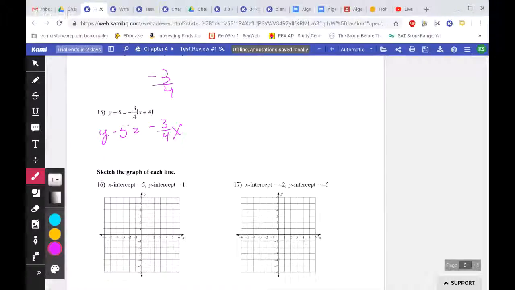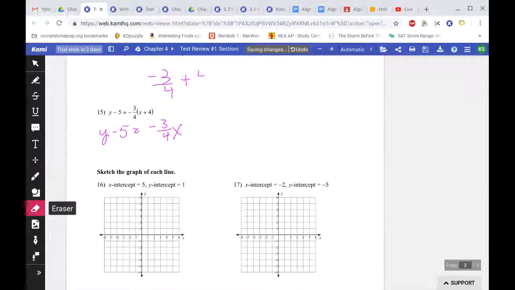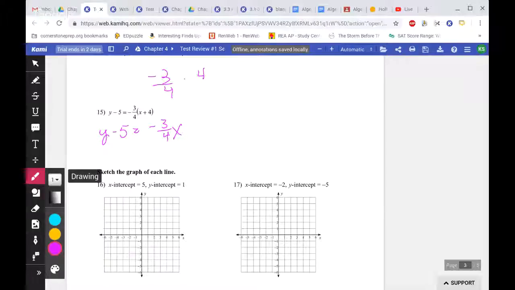Okay, so I'm going to do my side work up here because I'm distributing my -3/4 to my +4. That's definitely not a plus, Mrs. Sparks. I'm going to simplify before I multiply. So this gives me a -3. Now I'm going to combine my constants.